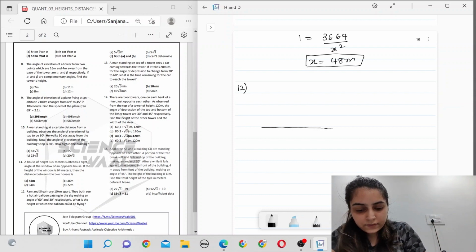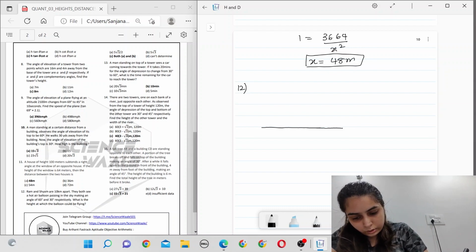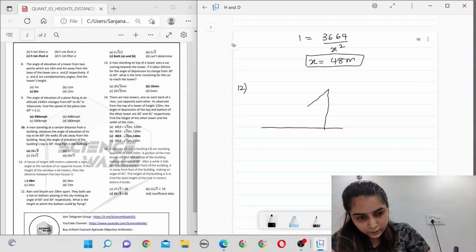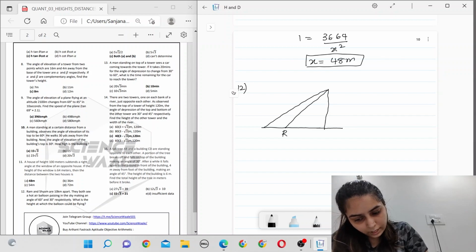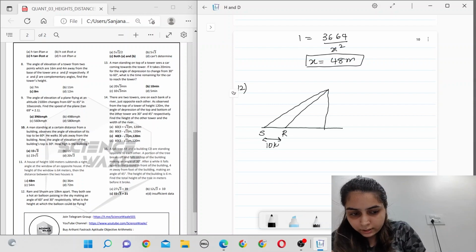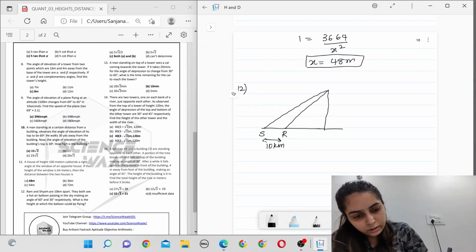So here they have given us that, let this be Ram and let this be Shyam. The distance between Ram and Shyam is 10 kilometers and the angle is 60 degree, 30 degree.